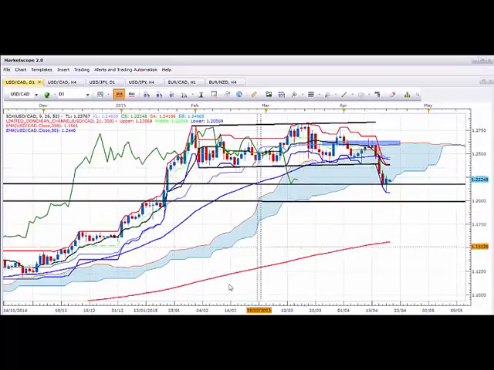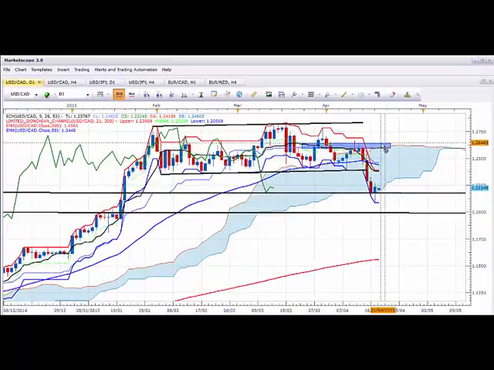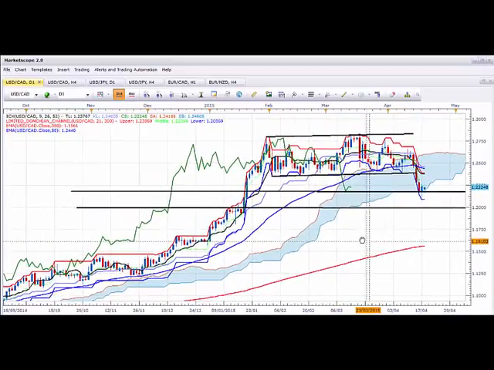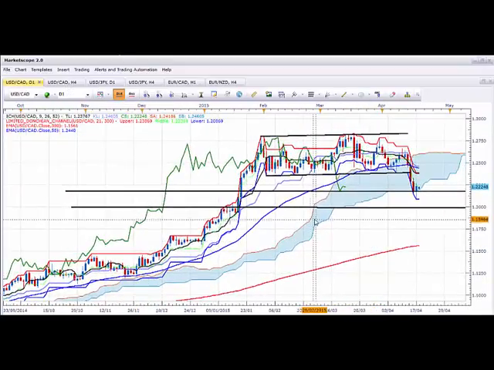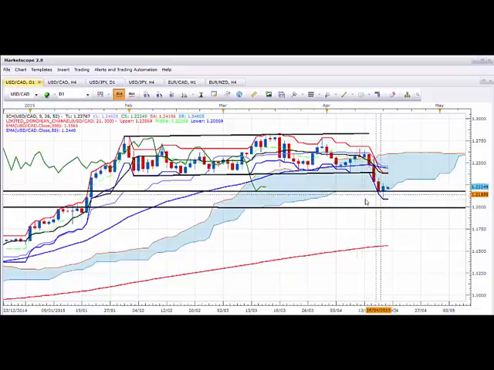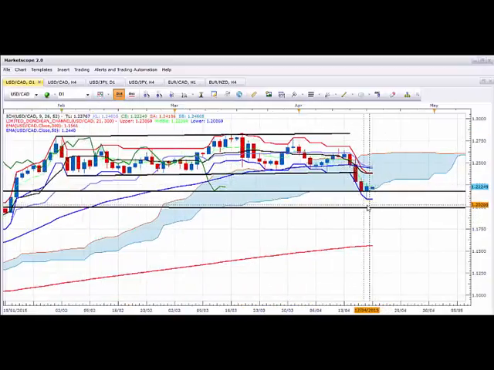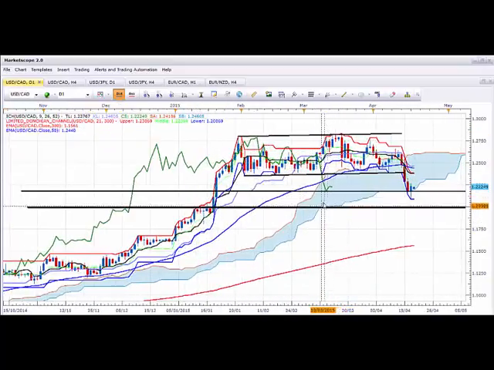This is my chart. I'm using Ichimoku, which is a Japanese trading system. Let's see. We can see that there is a support that is being tested.